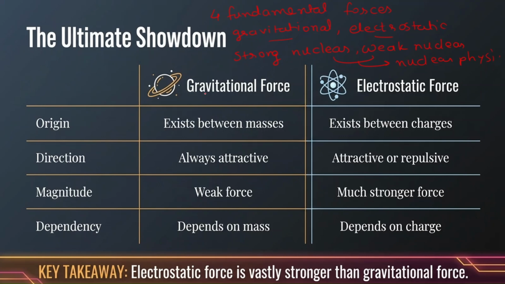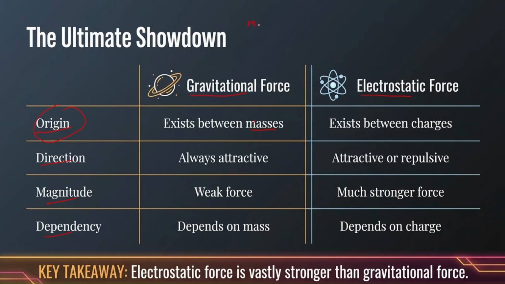Now compare the gravitational force and the electrostatic force. We compare them on the basis of origin, direction, magnitude, and dependency. Let's talk about origin: they exist between masses. At the start of my video, I said that gravity, or gravitational force, works between two masses.